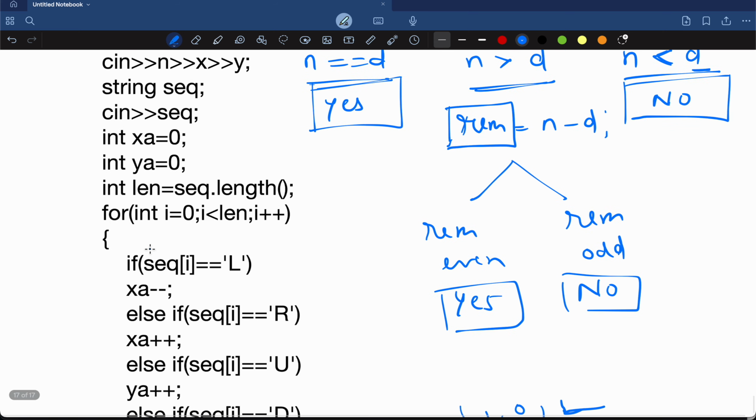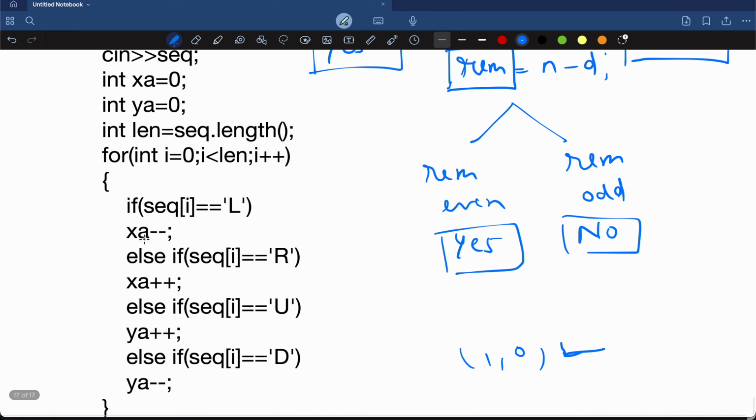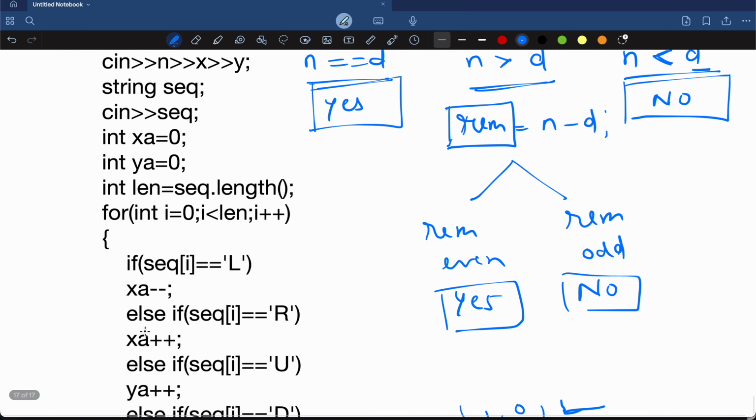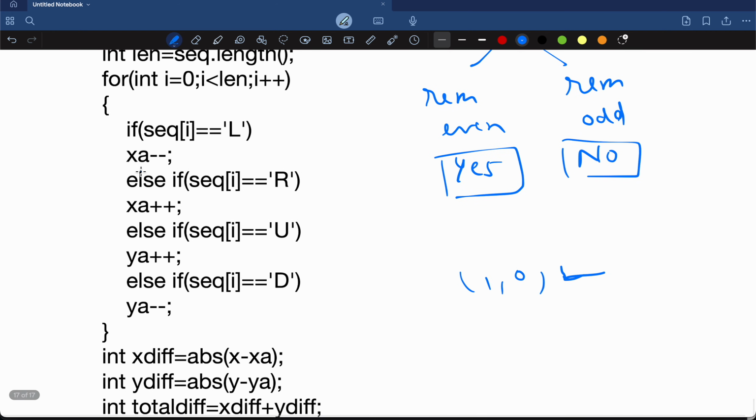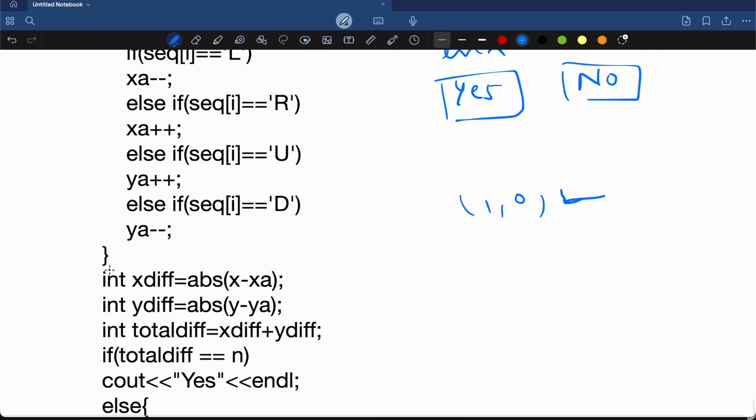See, in this for loop I am calculating the final coordinates for Alice by increasing and decreasing xa and ya. So at the end I will be left with the final position of Alice as xa and ya. Now here I am finding the absolute difference, and I am using the absolute function so that I can get the absolute difference.